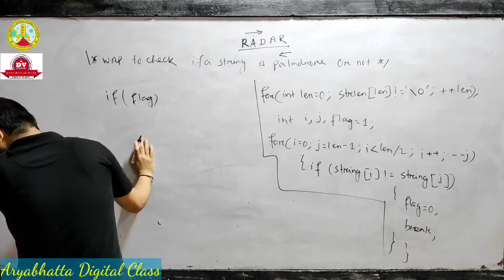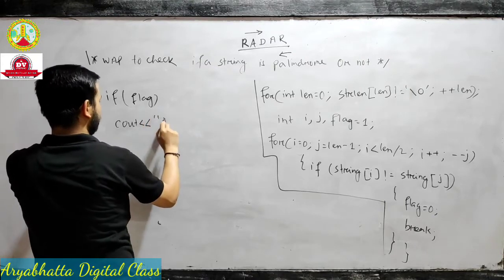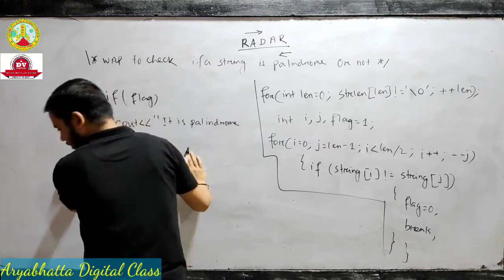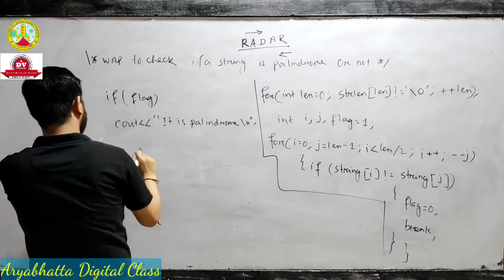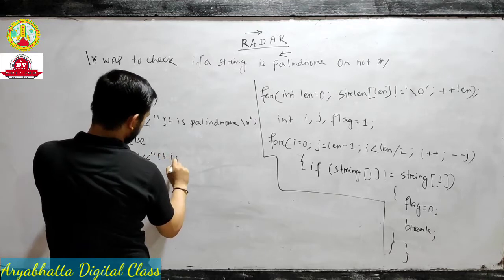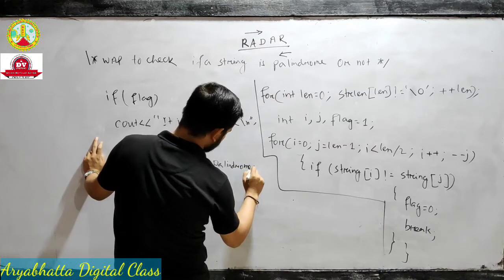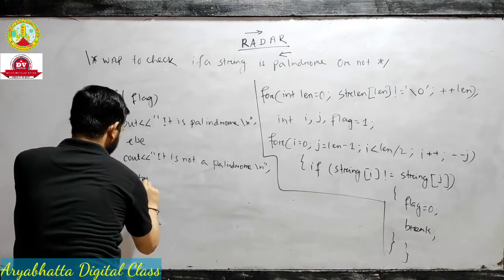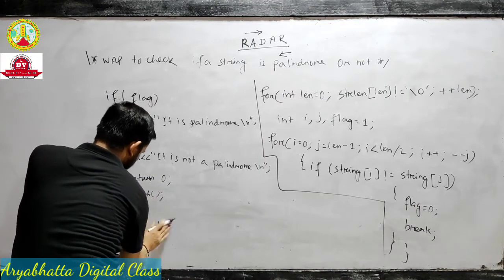If it is a palindrome, cout: it is a palindrome. Otherwise, cout: it is not a palindrome.